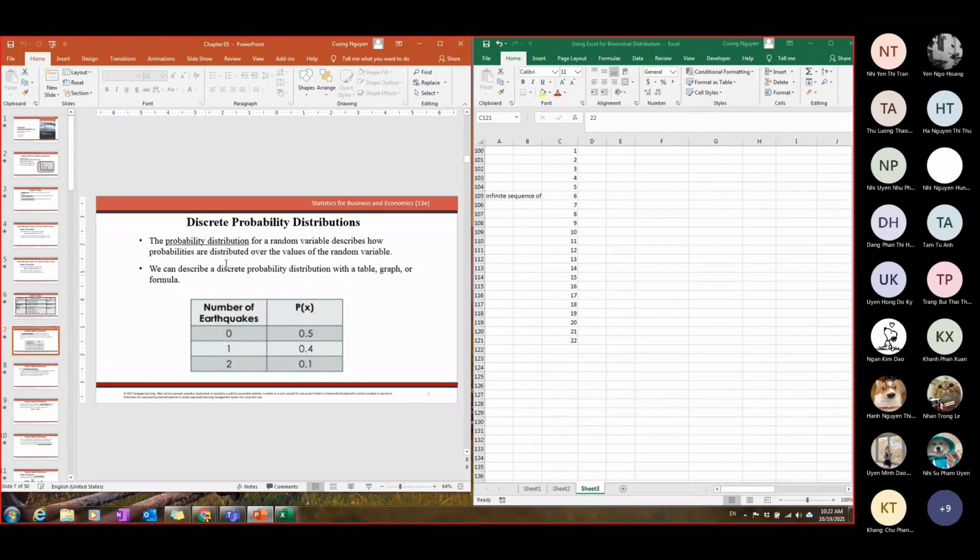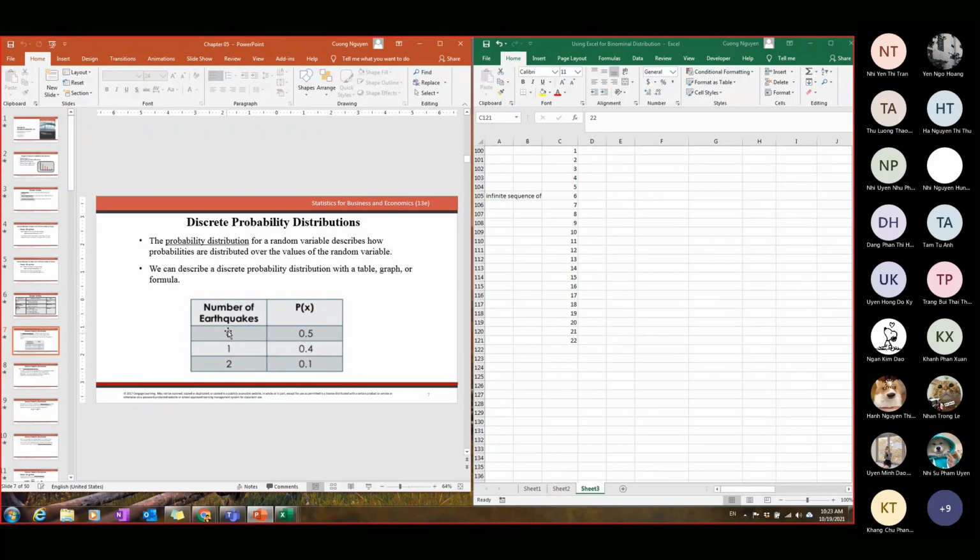All right, and the discrete, mainly of this topic, we will talk about the discrete probability distribution, and the probability distribution will be the random variable describe how the probability distributes over the value of the random variable.